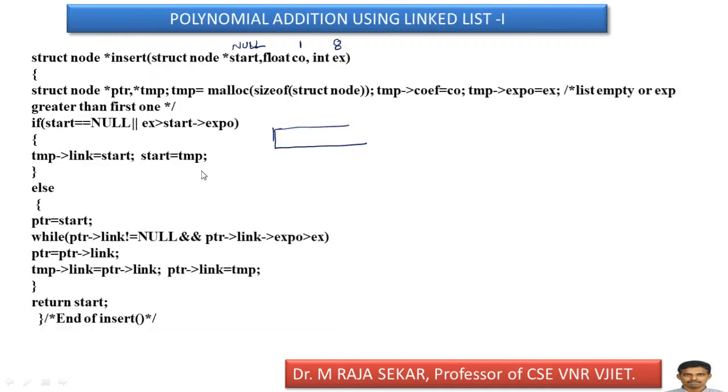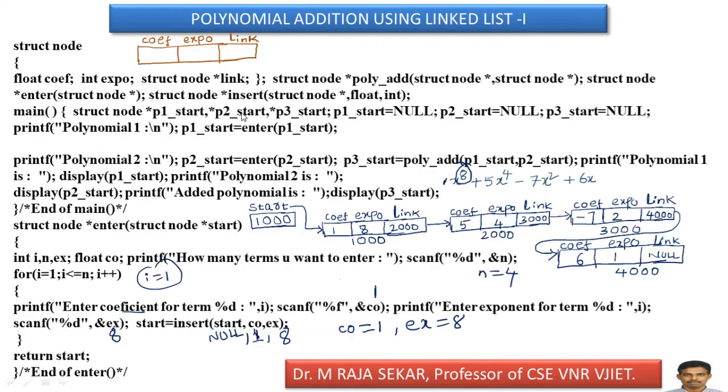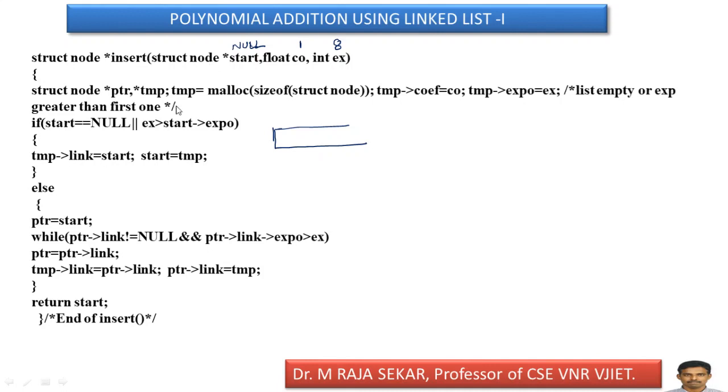You have the coefficient field, COEF, EXPO, link. These are the fields.